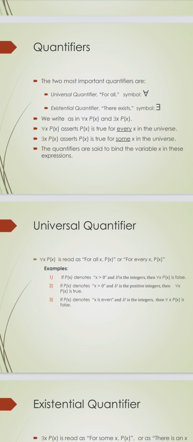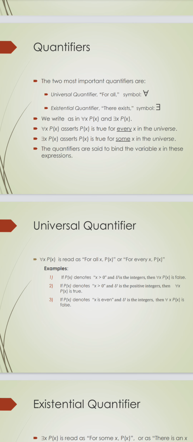Quantifiers. The two most important quantifiers are the universal quantifier and the existential quantifier. The universal quantifier symbol is for all, and the existential quantifier is there exists. For all x P of x, and there exists x P of x.